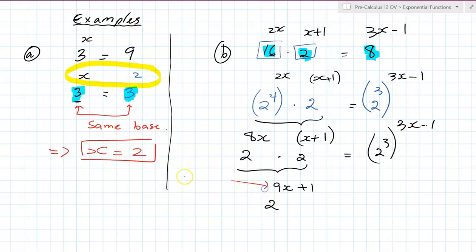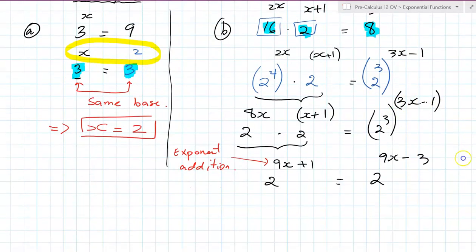This is exponent addition. Very good. And then equals. Now on this side, we're going to do the power of the power. So that would be 9x minus 3. Remember that you have to multiply 3 into the bracket.